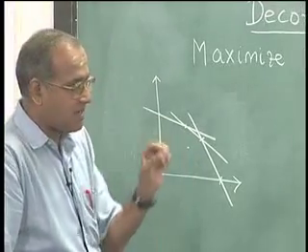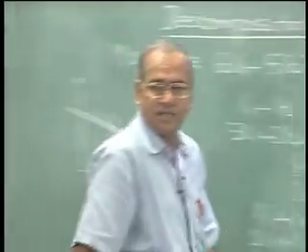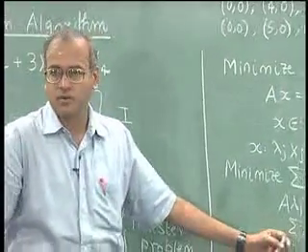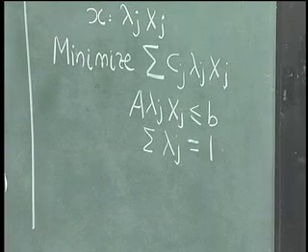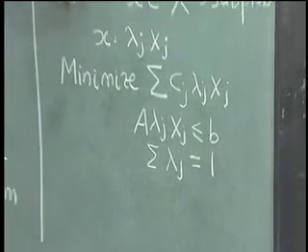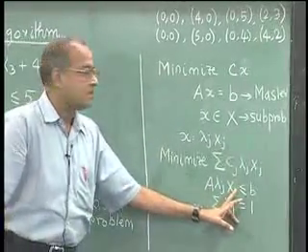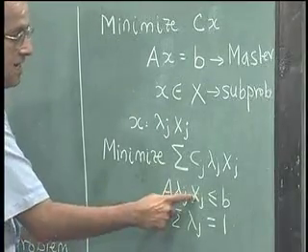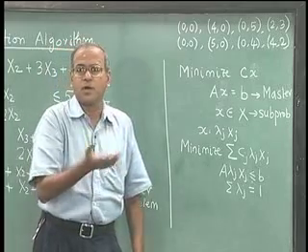So, when we introduce a lambda and start representing it as a combination of the corner points, we need the linking constraint, which is sigma lambda j equal to 1. And since every point inside this region also has to satisfy the master constraints, and the point itself is lambda j x j, it will satisfy the constraint sigma A lambda j x j less than or equal to b or equal to b, depending on how the problem is defined.